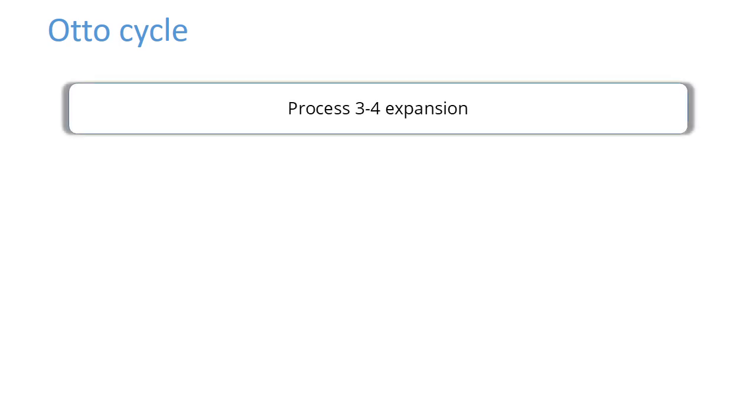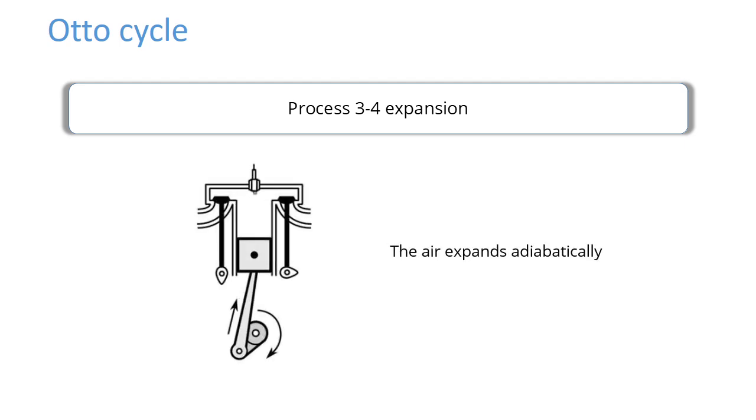After combustion, the process of expansion will happen when the piston moves from TDC to BDC. As you can see, the piston expands adiabatically, meaning there is no heat loss. You can say no heat is leaving the system during this process.